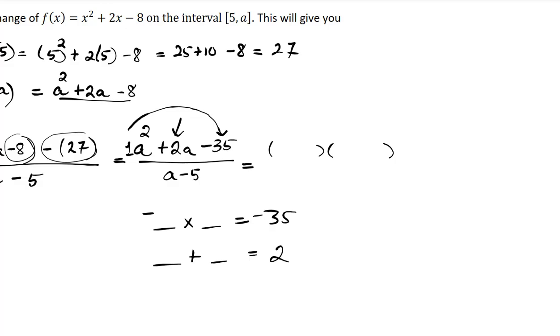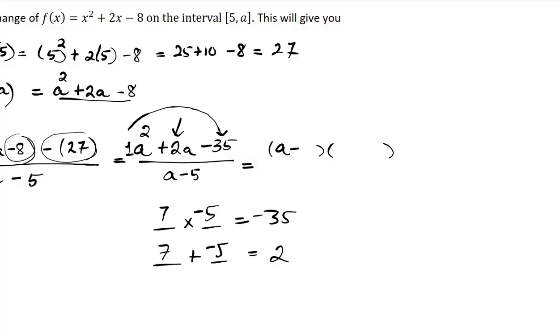So we can try negative 7 and 5, but adding these is going to give us a negative 2. So we'll switch the signs on those two numbers. So now you can see there, negative 5 times 7 is negative 35, but negative 5 plus 7 gives us the linear coefficient.